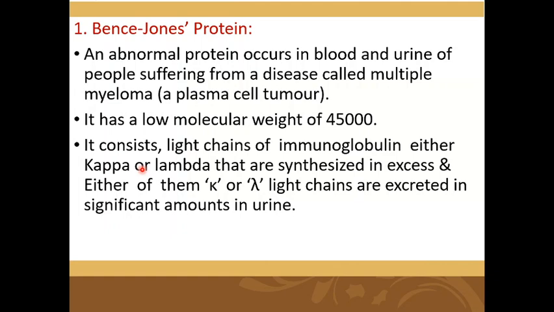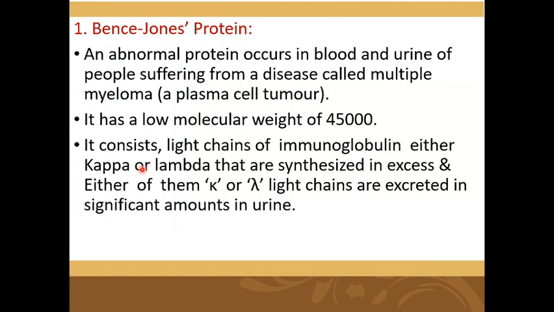When we study the immunoglobulin lecture, you will come to know what the kappa chains are and what the lambda chains are. So what we have captured is that it is excreted in the urine of people suffering from a disease called multiple myeloma.